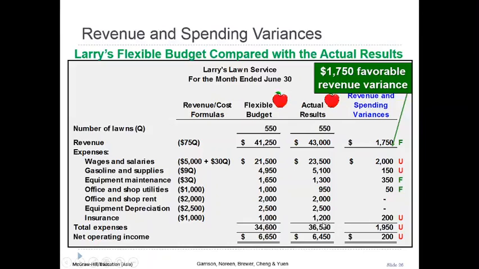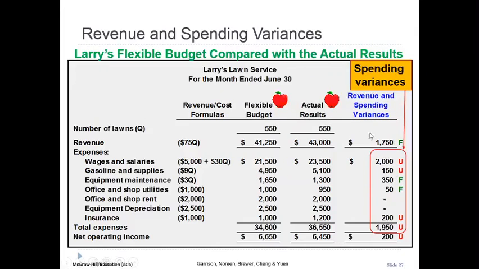All right. So the total expenses is unfavorable, and net operating income is, Larry is expecting to get 6,650 when mowing 550 lawns, but the actual net operating income that he has obtained was 6,450, which is a 200 unfavorable variance, because the profit is bigger in the flexible budget as compared to the actual result.